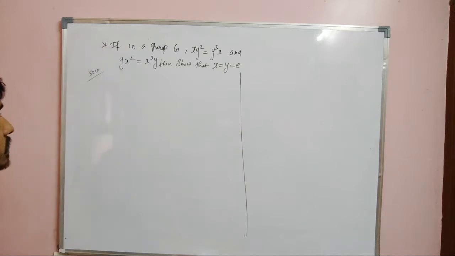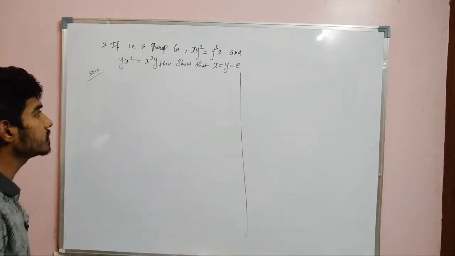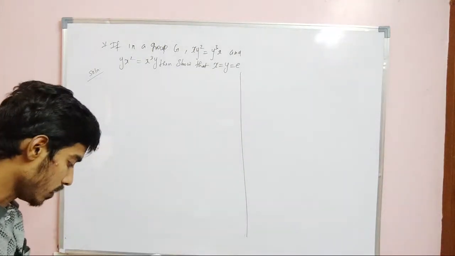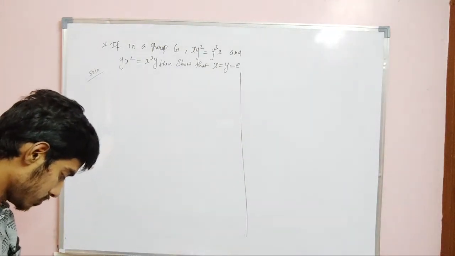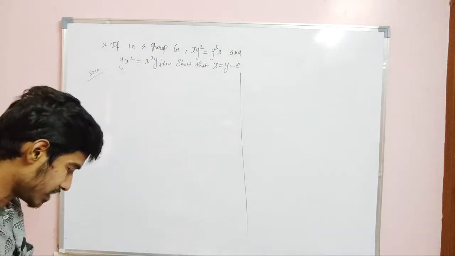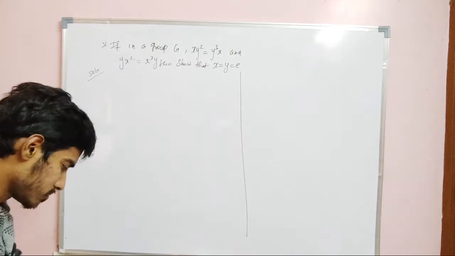So if in a group G these two conditions are satisfied, then we need to prove that both x and y are equal to the identity element. Actually it's an easy problem, I think you can do it.